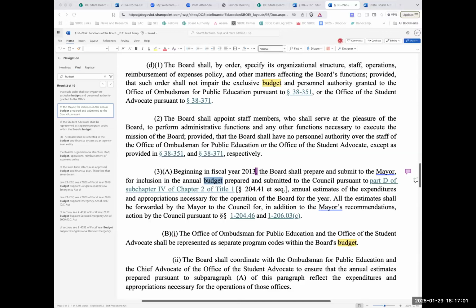I think it's helpful. I don't disagree that we should be submitting an annual budget. That just makes sense as far as information the mayor would need to do the fuller budget. But what I am thinking about is that in the last few years, the mayor's office comes to us and tells us what our mark should be, right?